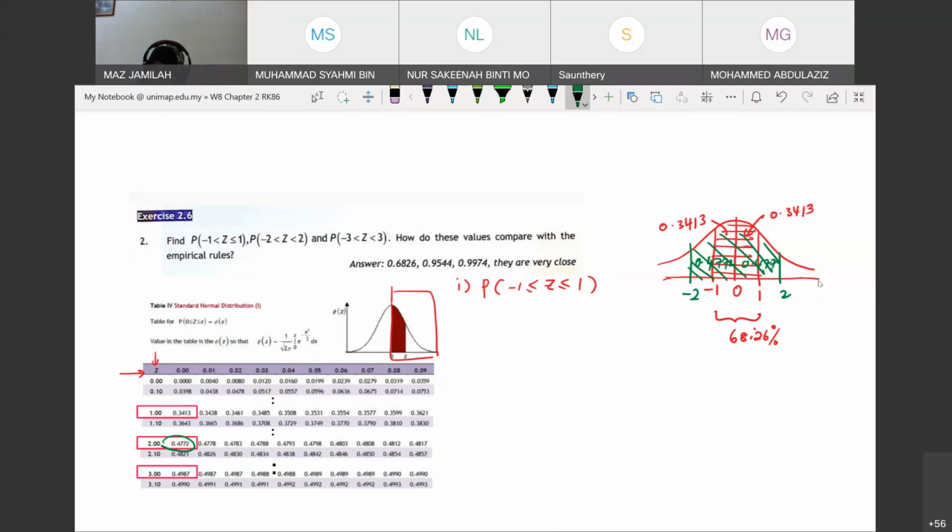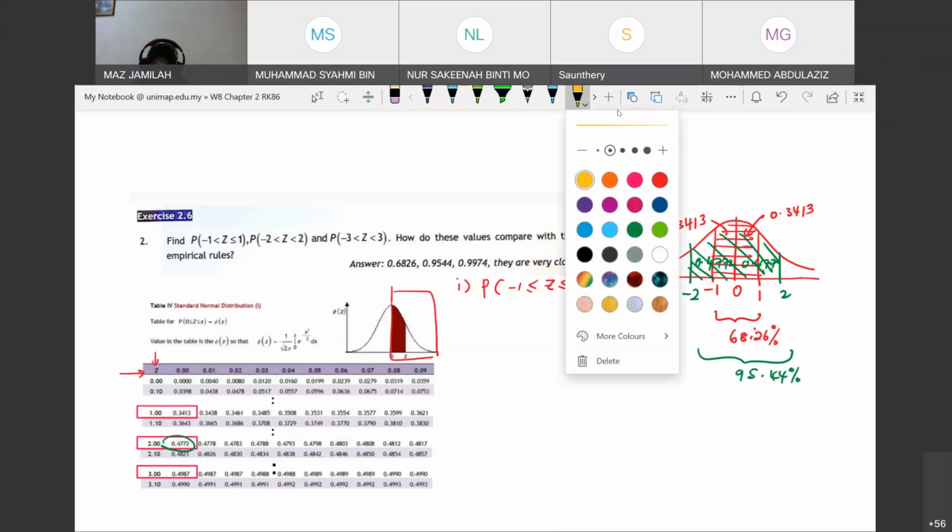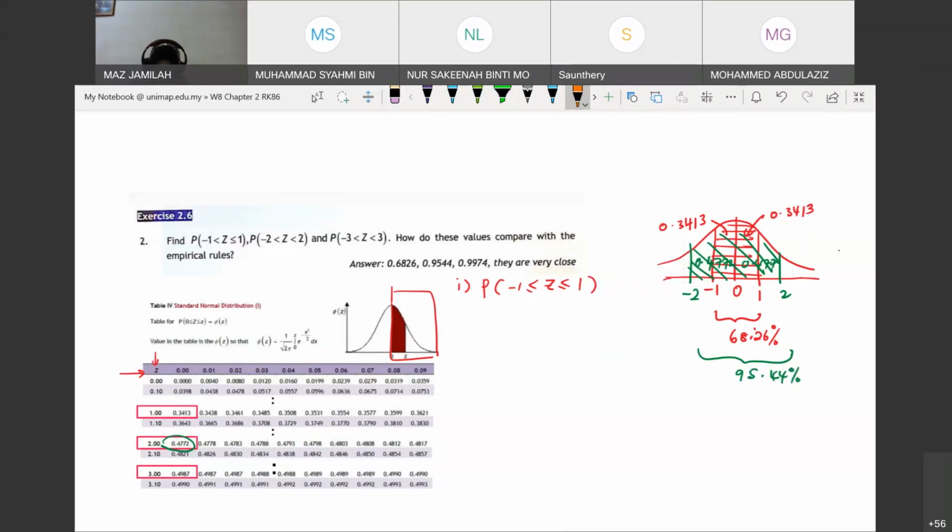That's why for the green area, you will have 95.44%. And for the third one, that will be for 3 standard deviations.